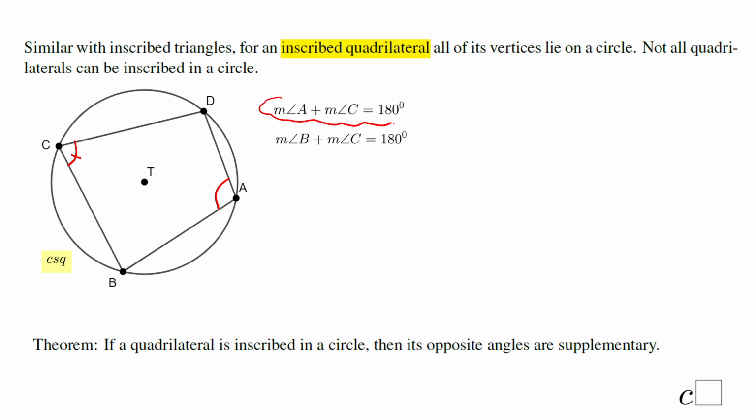Opposite angles are supplementary. And here I should say the measure of angle B plus the measure of angle D. Okay, these two angles also are supplementary. They are not necessarily congruent, but they are supplementary. Opposite angles are supplementary if a quadrilateral is inscribed in a circle. That's what the theorem says.